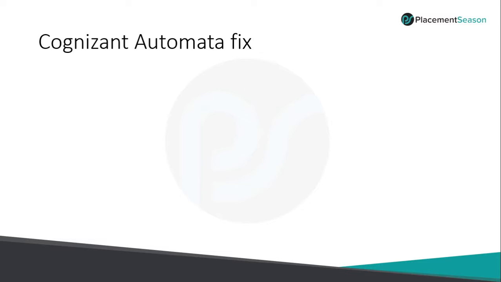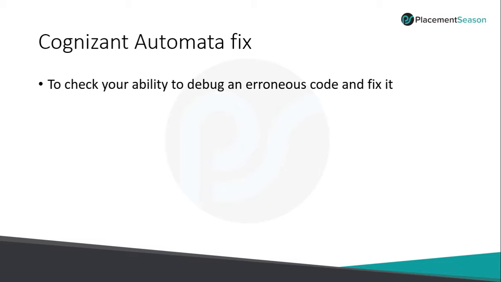Next, let's move on to another type of question which you can expect in the campus interviews, Cognizant Automata fix. So they are using some different names, and simply they are checking your ability to debug the error code. So in general, in a company, you will be working as a team and you need to fix other programmers' errors, or you need to find the bugs in the code which is already created. If there is any bug, you need to find where it is.